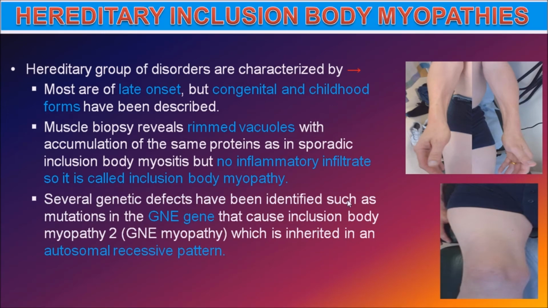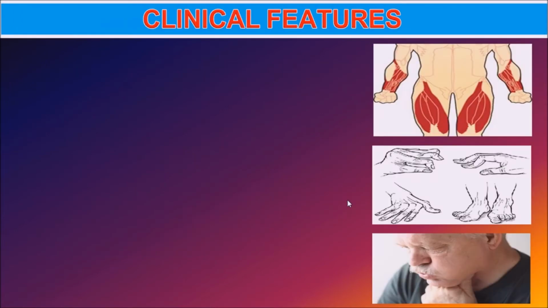Several genetic defects have been identified, such as mutations in the GNE gene that cause inclusion body myopathy 2, GNE myopathy, which is inherited in an autosomal recessive pattern.